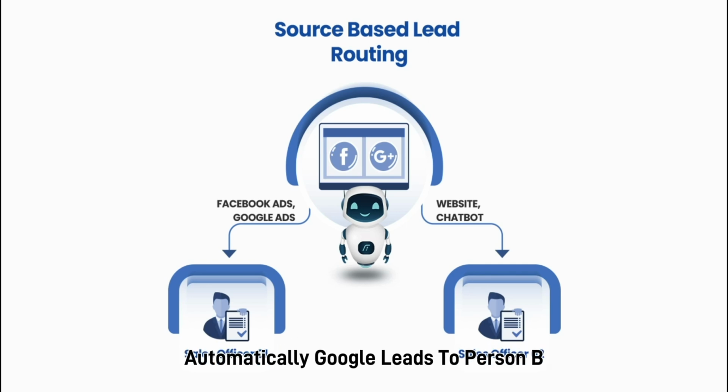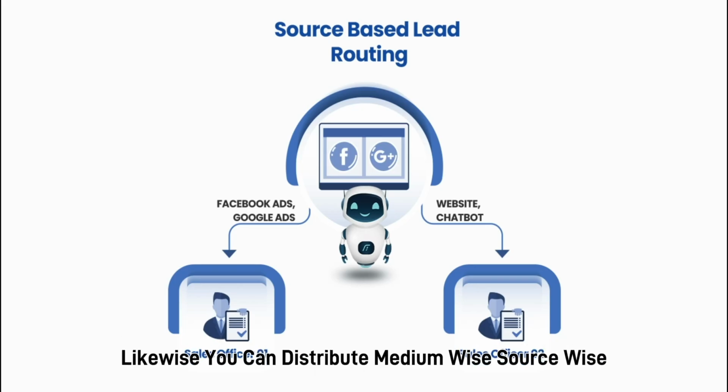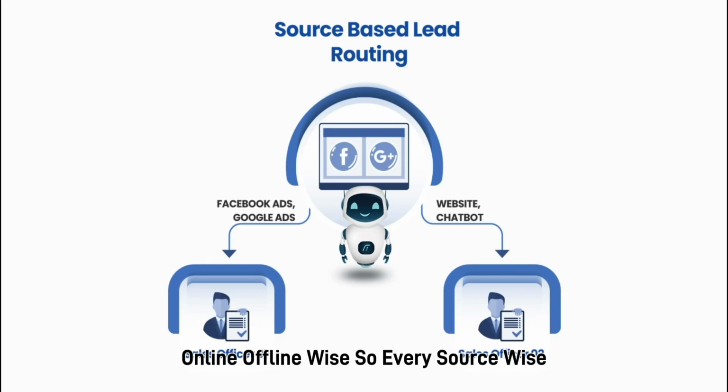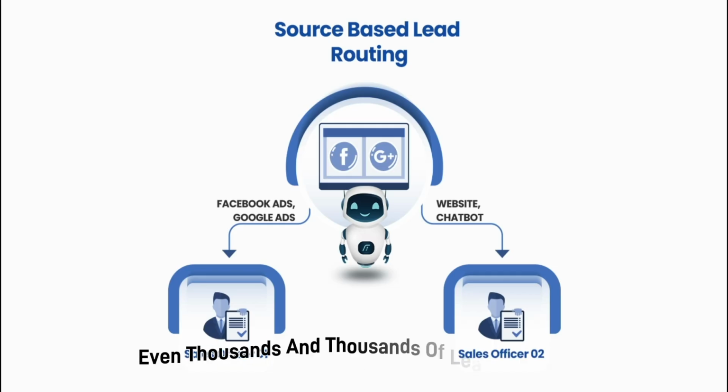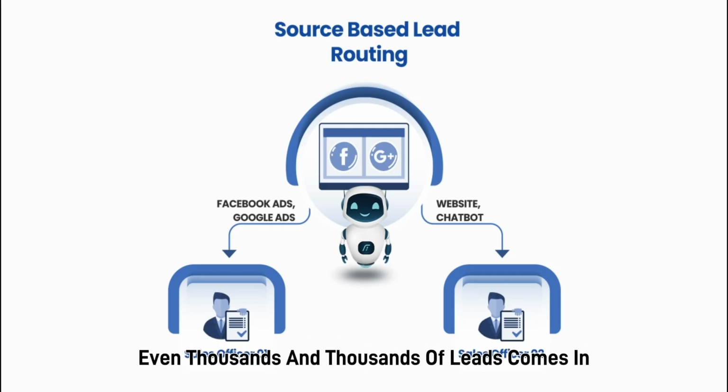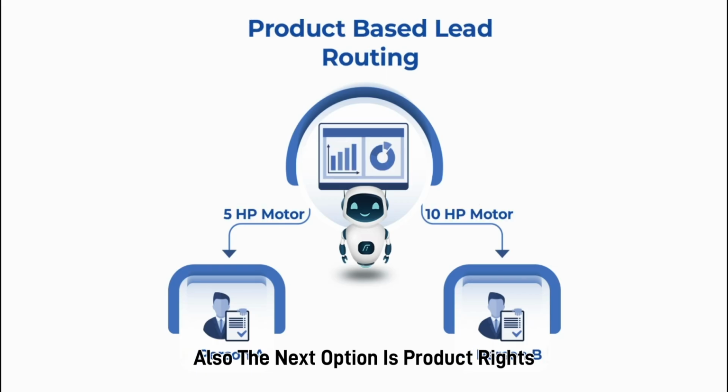Google leads to person B, then automatically all Google leads which are coming in will be diverted to person B. Likewise, you can distribute medium-wise, source-wise, online, offline-wise. If you set it up, the system automatically handles even thousands and thousands of leads that come in. The next option is product-wise.